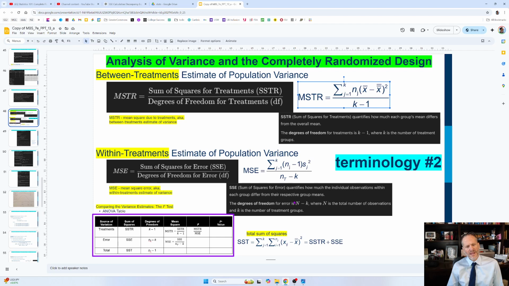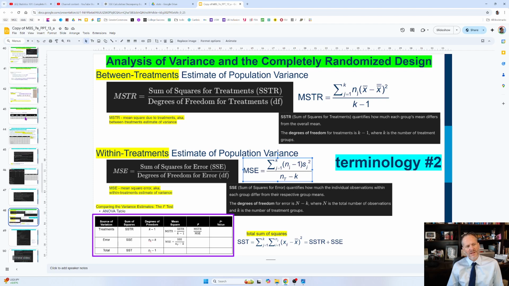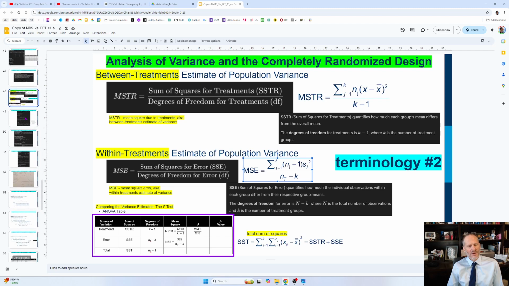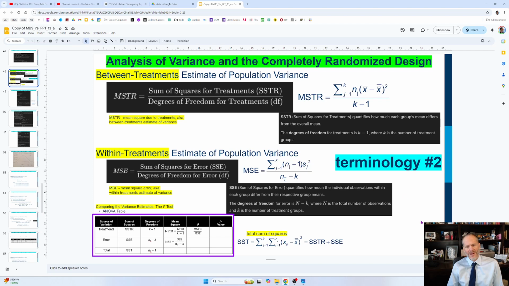But we're going to see that ChatGPT offers a different formula for the sum of square errors, and that leads to a discrepancy. In the previous problem, for whatever reason, that didn't create a discrepancy, but in this problem it does. And I don't have a solution for that. If you do have a solution, let me know, I'd love to hear.